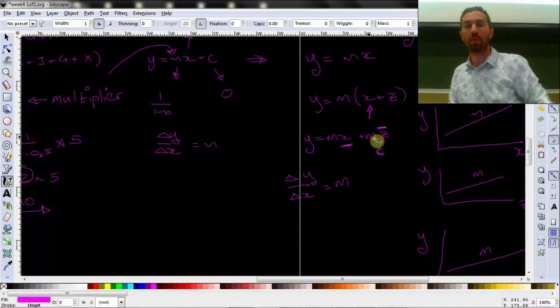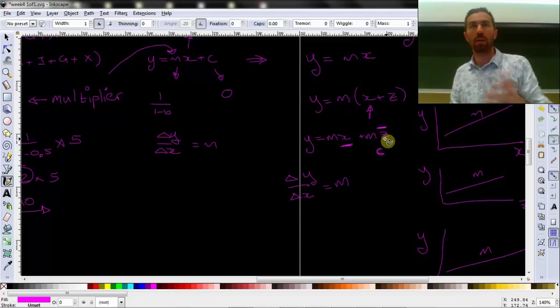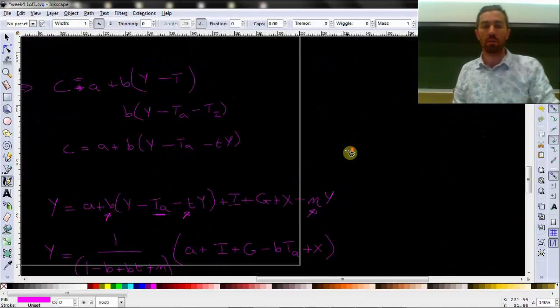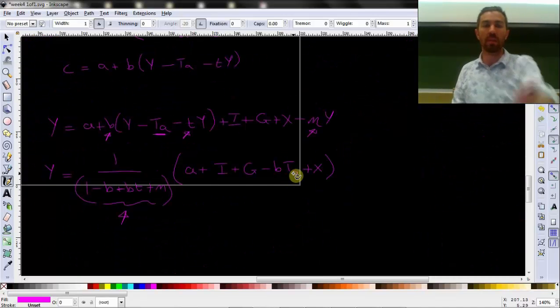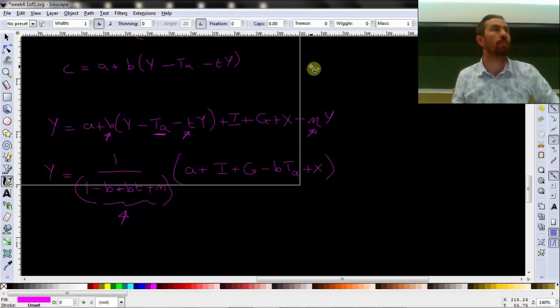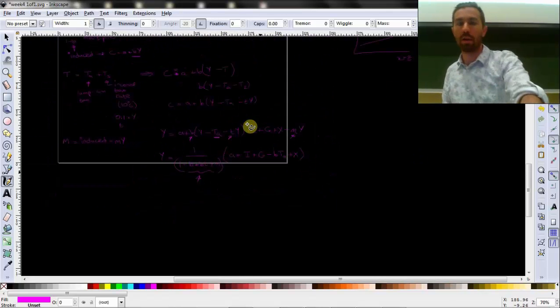There's a multiplier with Z, but the multiplier on Z is a constant if we're looking at X, right? So the same, we've got a B here with T, but it doesn't affect any of the other variables, it's just a constant. Okay, cool. Okay, everyone happy with that?